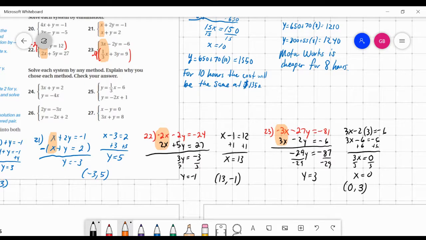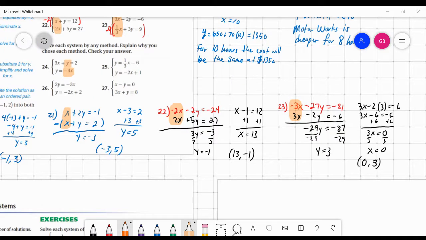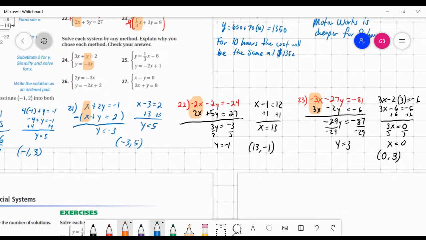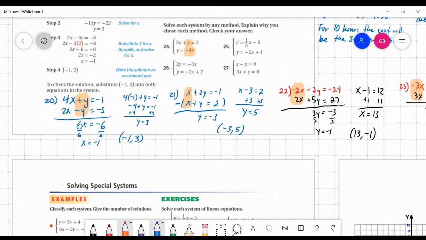And 24 to 27, solve each system by any method. Explain why you chose that method. Okay. So 24, we have y equals negative 4x. So it's going to be easier to use substitution. So I'm going to substitute negative 4x for y. Start over here.